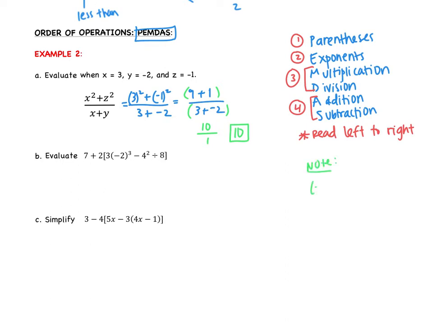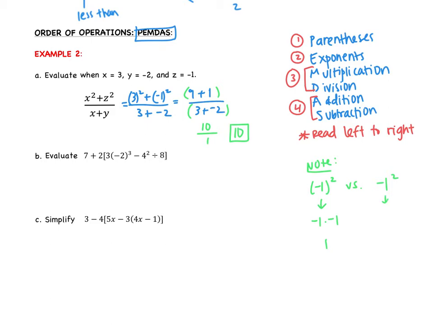Okay, I want us to write another note here based on something that Jaden said. I want us to recall that these two are different. So negative 1 squared versus negative 1 squared, these two are different. This first one is negative 1 times negative 1, which gives us positive 1.